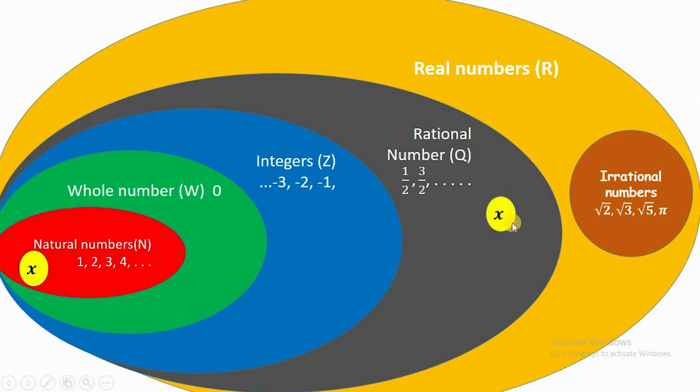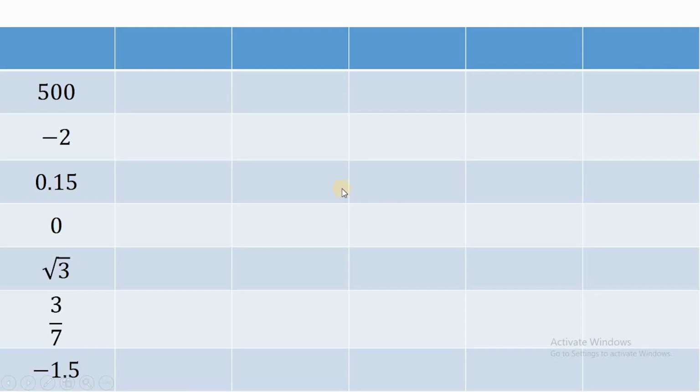Therefore, it is very important that the given number x is not necessarily an integer, whole, or natural, but it can be an integer, it can be a whole number, or it can be a natural number. By looking at the value of x, you can say that. I hope you have understood clearly till here, and in the next slide we'll take some examples.